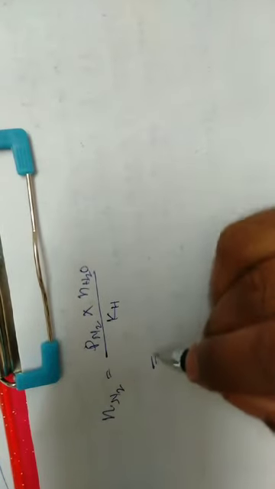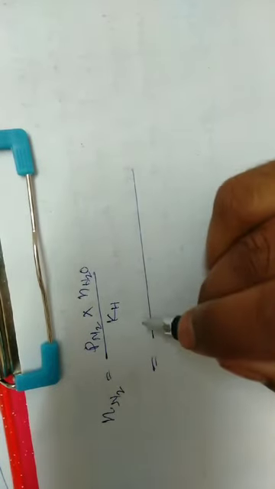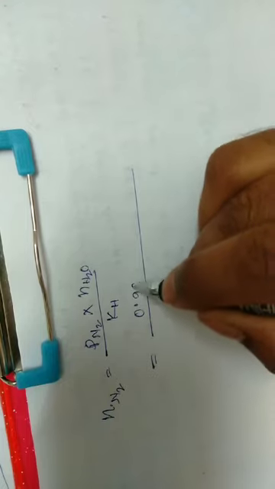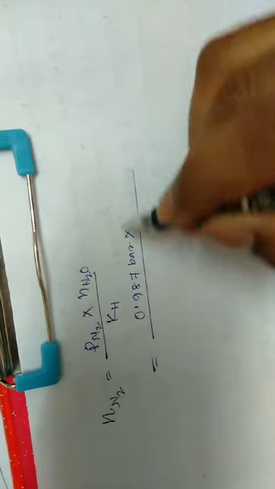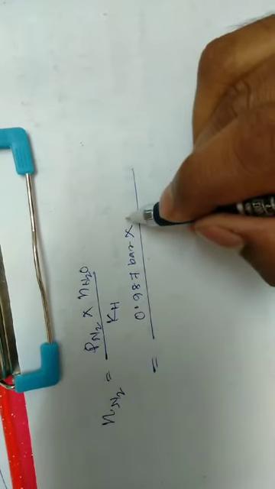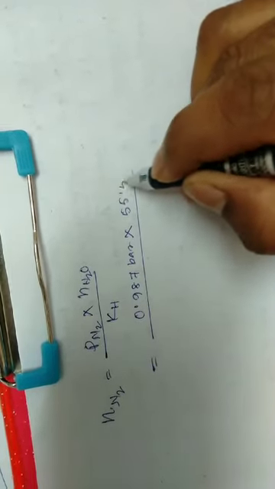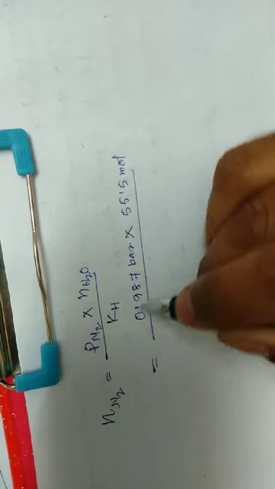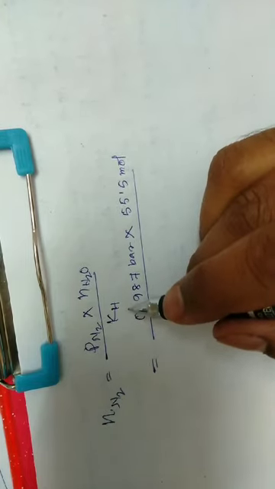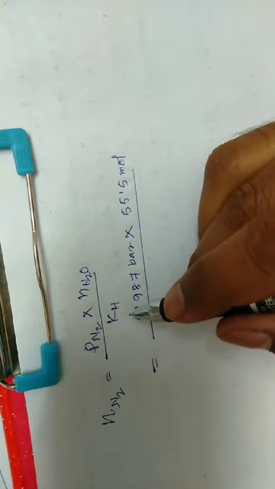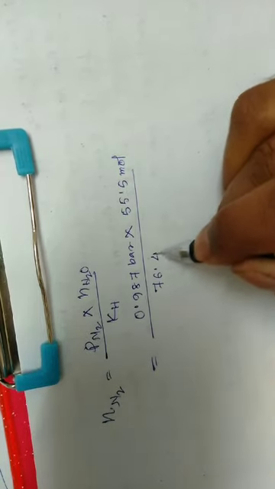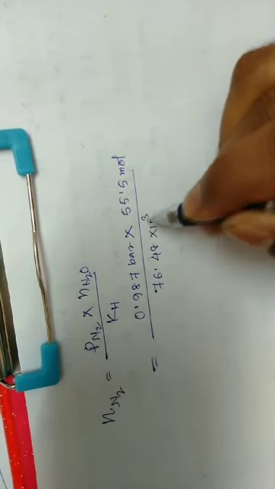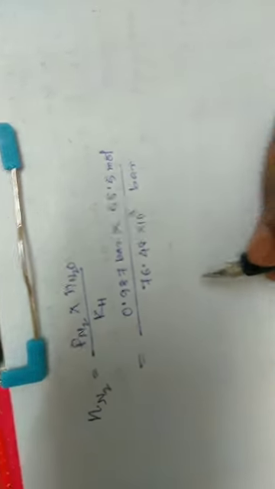Putting in the values: partial pressure of nitrogen given in the question is 0.987 bar, the number of moles of water is 55.5 mole, divided by Henry's constant Kh, 76.48 into 10 to the power 3 bar.